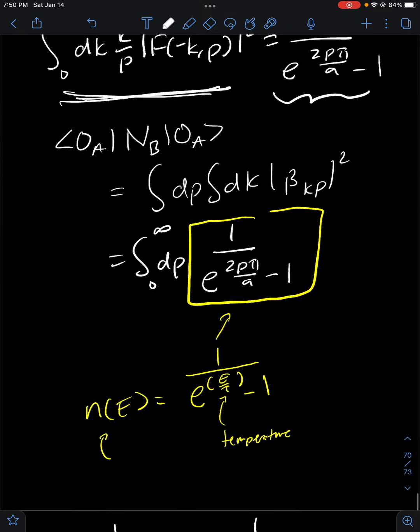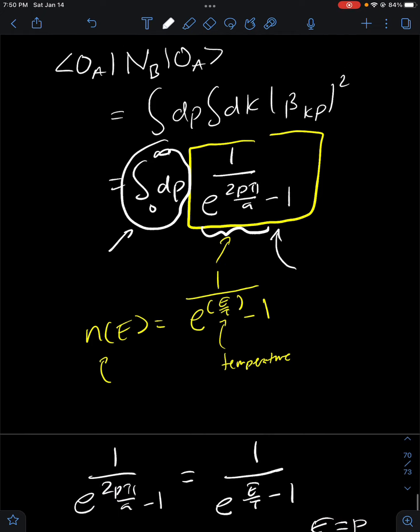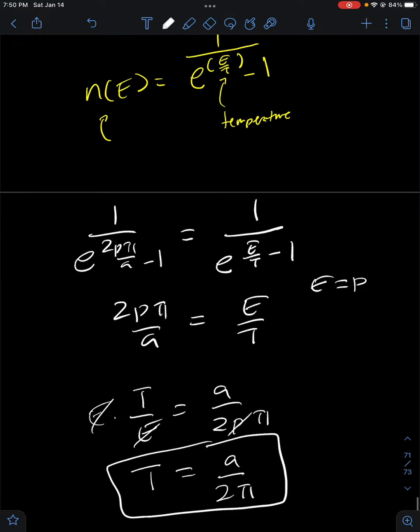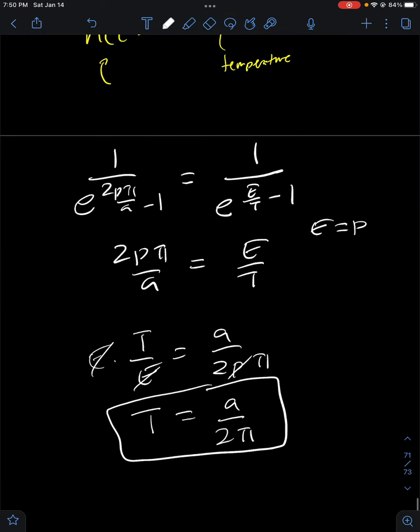So yeah, if we were to just ignore the divergence here and focus on this term, we will still have some problems. We can solve this issue by saying that there's a momentum cutoff, like a highest possible momentum. But if we ignore this integral and focus on this distribution here, it implies that the temperature of the vacuum that Rainbow Dash will see is equal to a over 2 pi, where a is the proper acceleration.